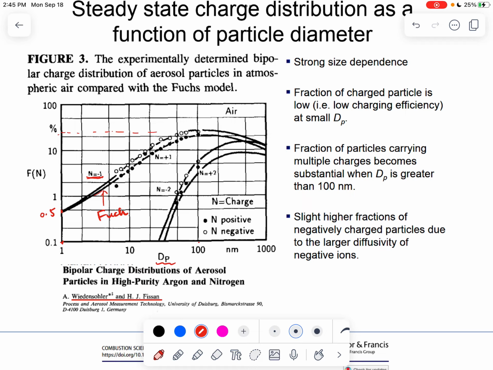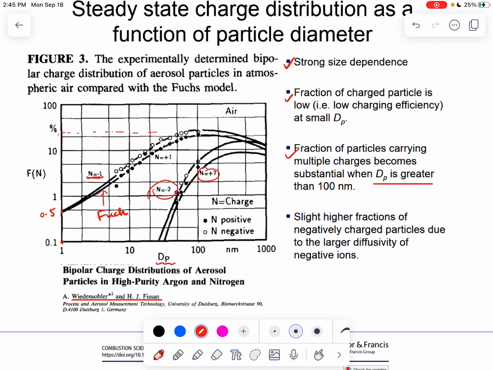Okay, so from these charge distributions, you can see that there's indeed a very strong size dependence. For particles of small sizes, their charging efficiency is very low. The charging efficiency is only more than 20% when the particles are above 100 nanometers. The fraction of particles carrying multiple charges becomes more substantial when dP is greater than 100 nanometers.